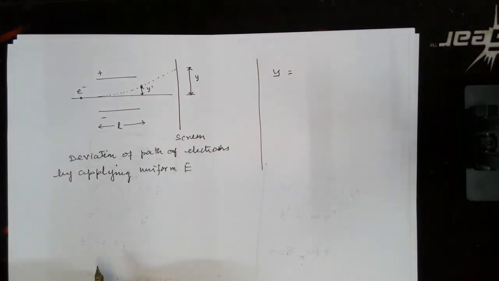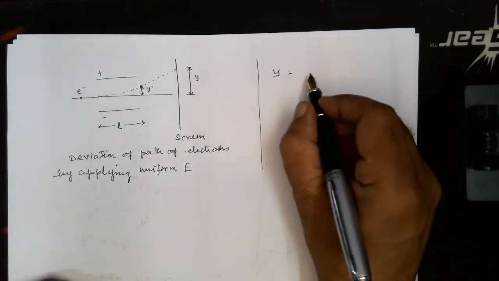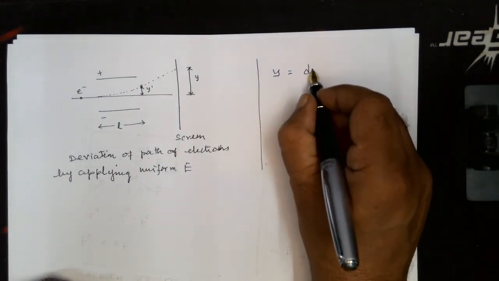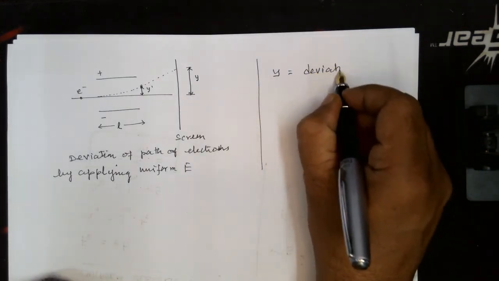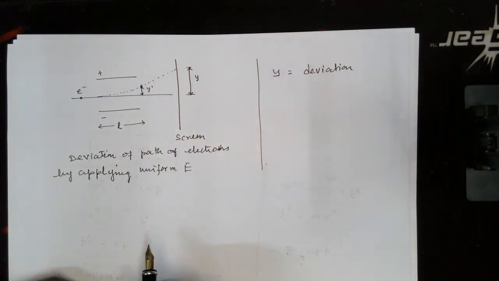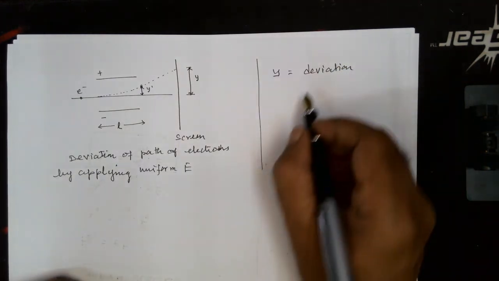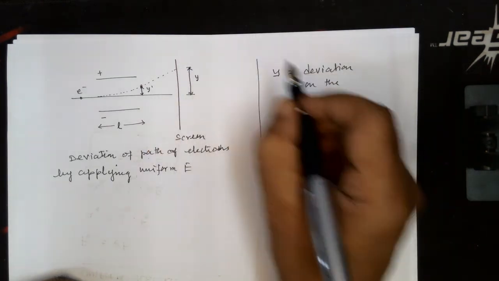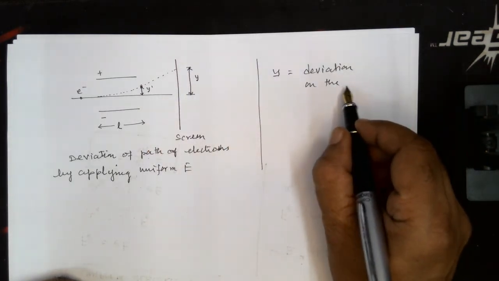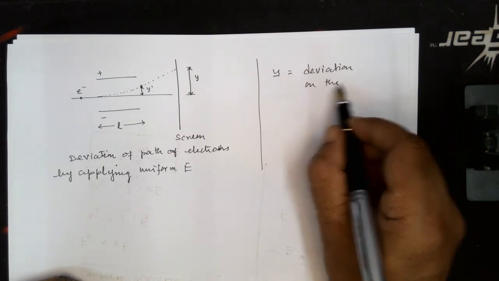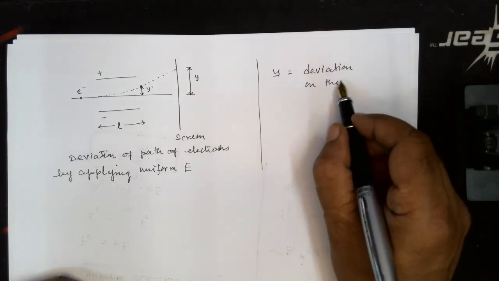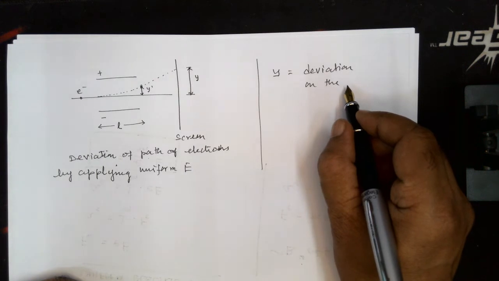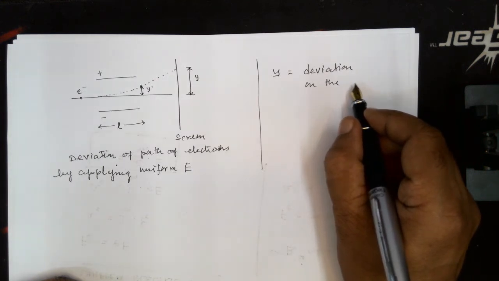The deviation produced from original position on the screen. Being a fluorescent screen, we can look out the spot created on the luminescent screen by the electron.